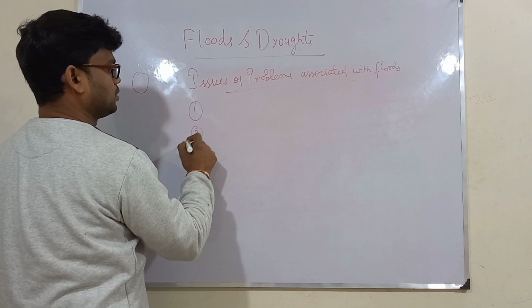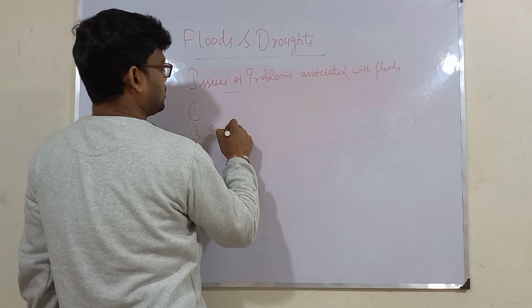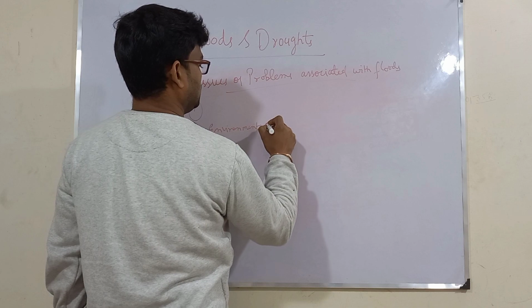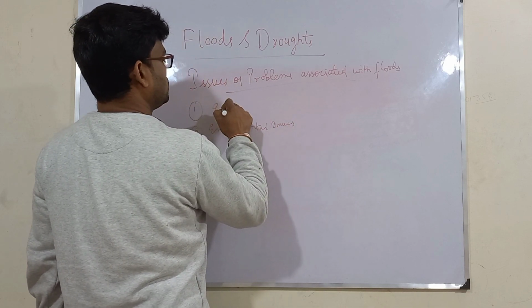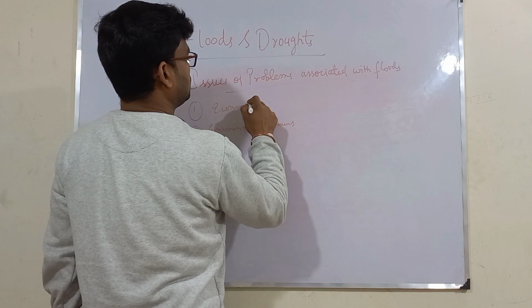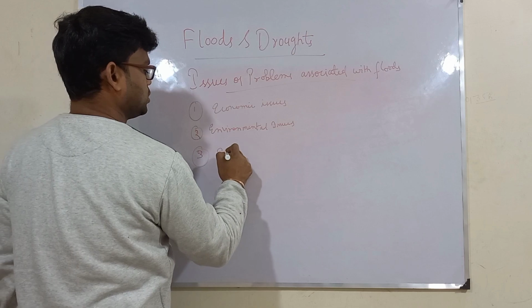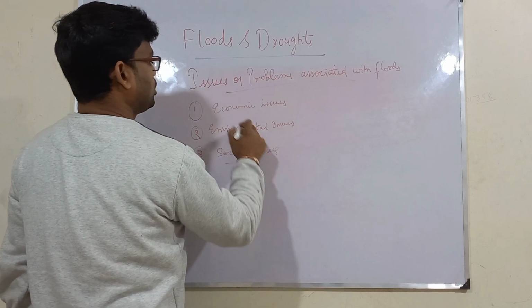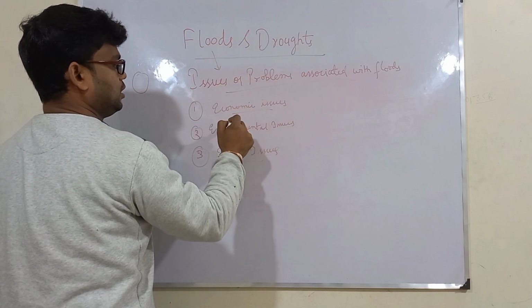These issues or problems can be categorized into three types: environmental issues, economic issues, and third, social issues. Now, what are economic issues related with floods?